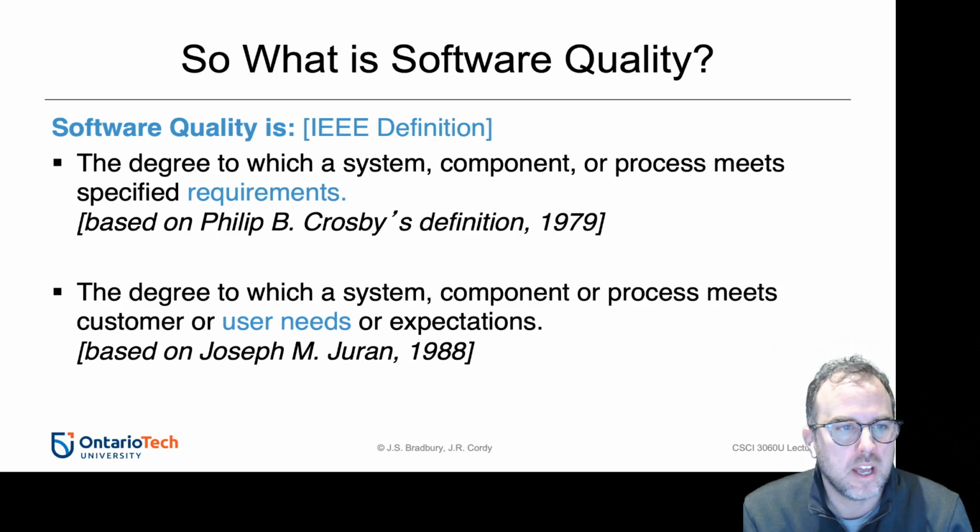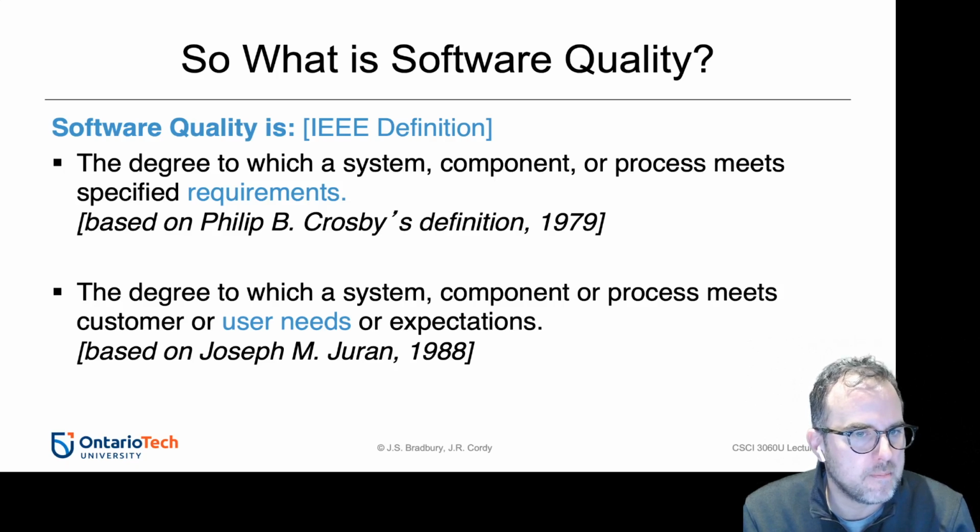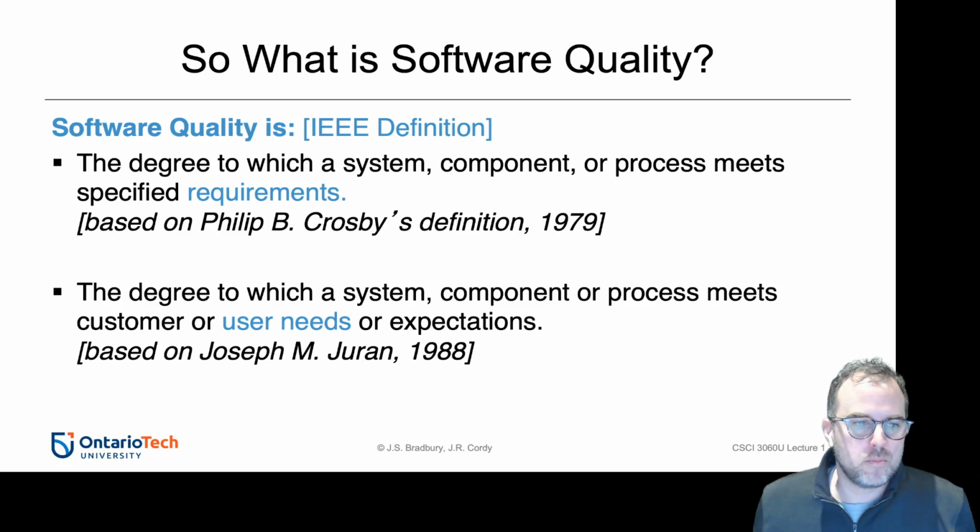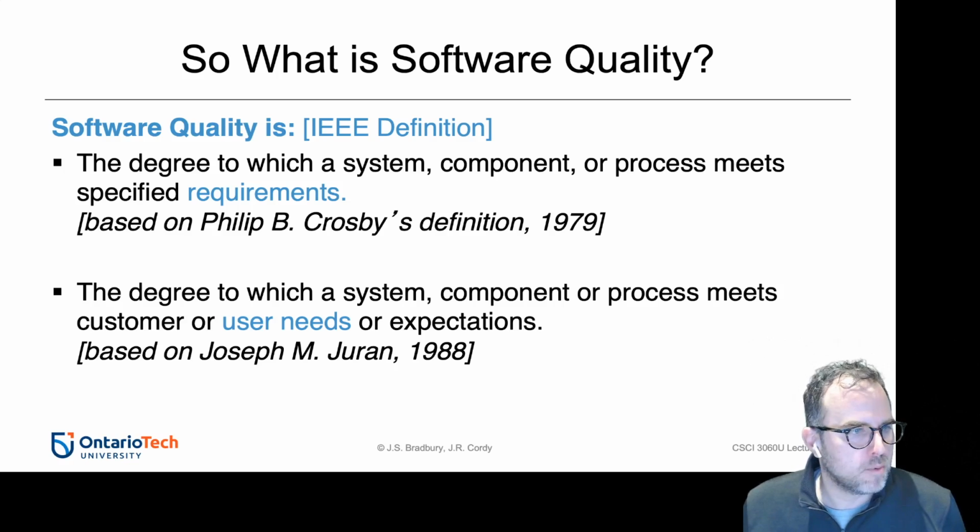If you're doing things right, you should consult with the user on the requirements and ensure that the requirements are what the user needs and expects. On the other hand, if you meet the user needs, you're probably largely meeting what the requirements should be.